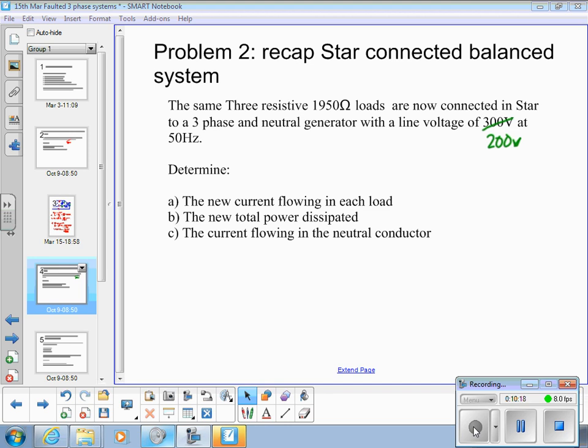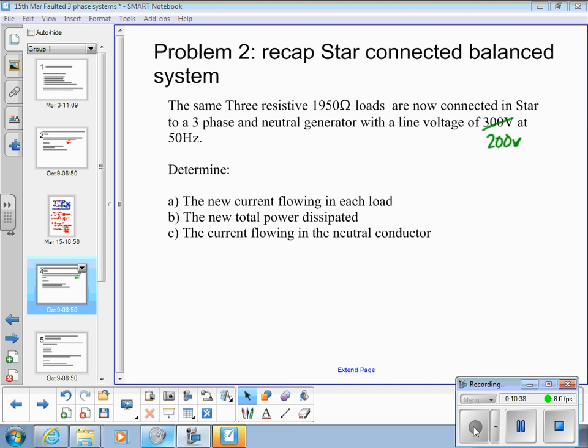Remember that when we add those currents together at the end, we must add the complex values, including the angle. All three currents will be the same, but one will have an angle of 0, another plus 120 degrees, and the other minus 120 degrees.